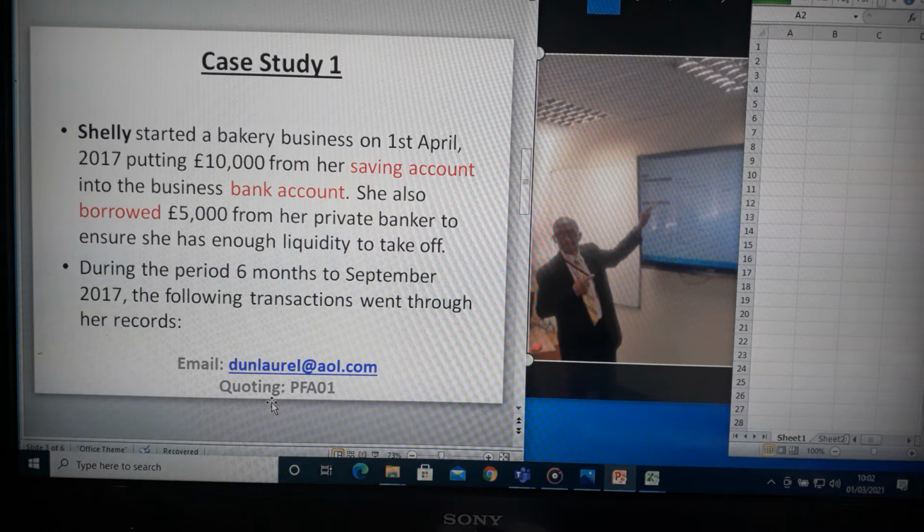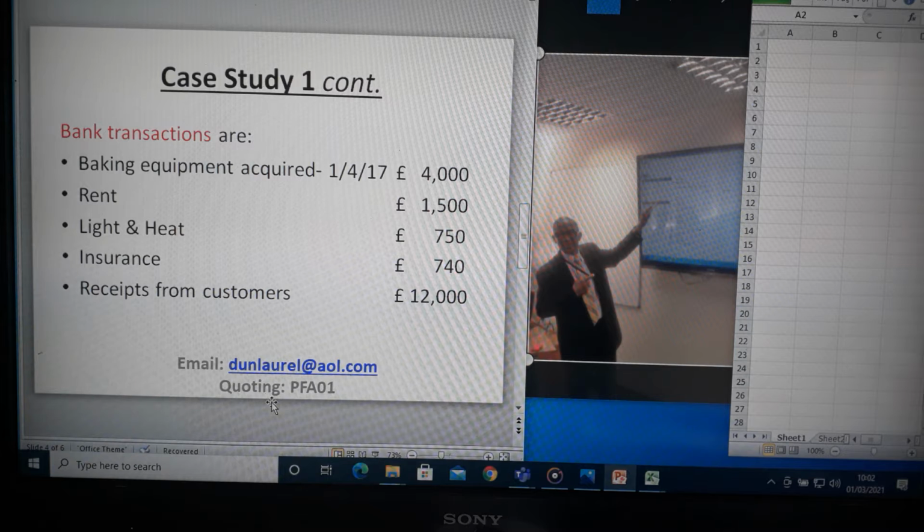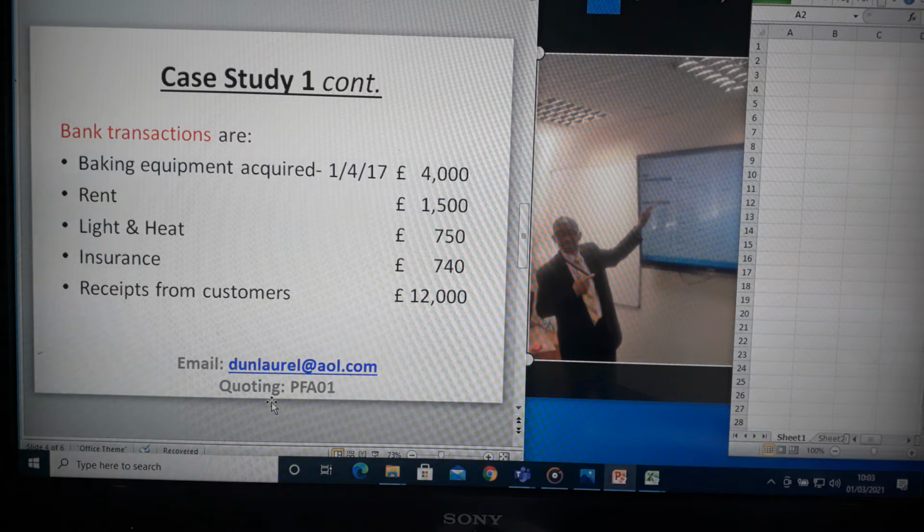Now, during the period 6 months to September 17, the following transactions went through her records. Bank transactions. These are transactions she could have paid for using her checkbook, maybe credit card, maybe bank transfer.